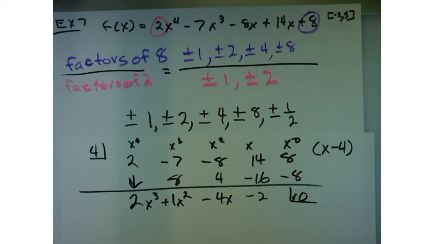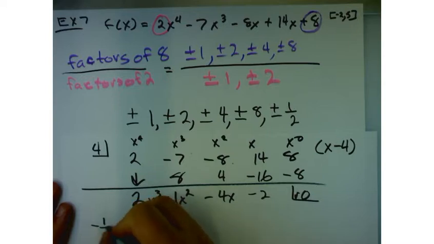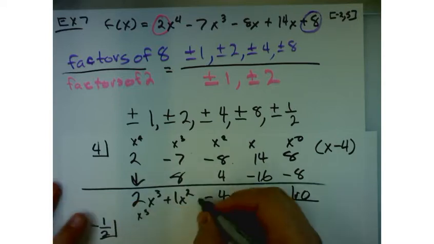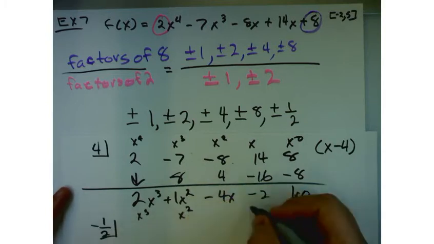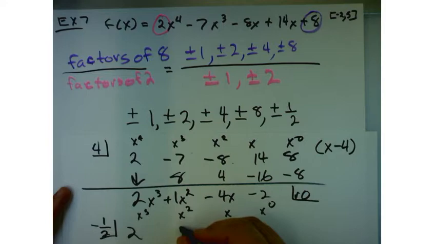Okay? So now I'm going to try another one that I think might be a zero. So I'm going to plug in -1/2, but now I'm going to use this next polynomial. So I'm going to say 2, 1, -4, -2.